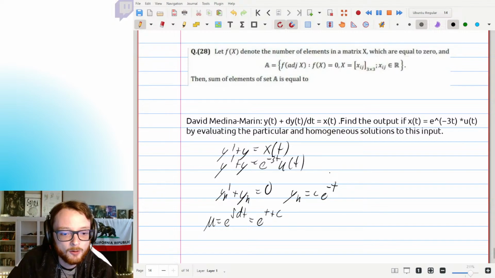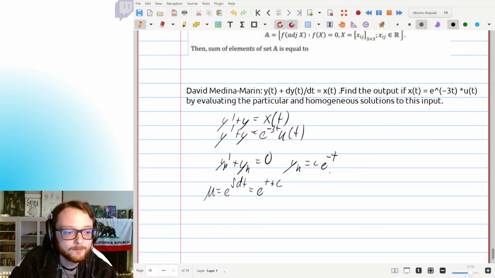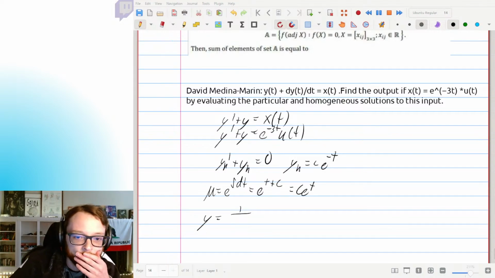Some constant I'll call big C, I guess. And the solution y is equal to 1 over, well, we can call that c e to the t. But I feel like we don't want that constant there. The constant comes in the next part.